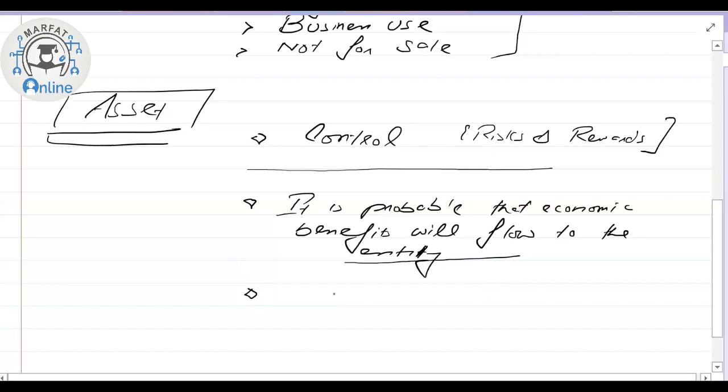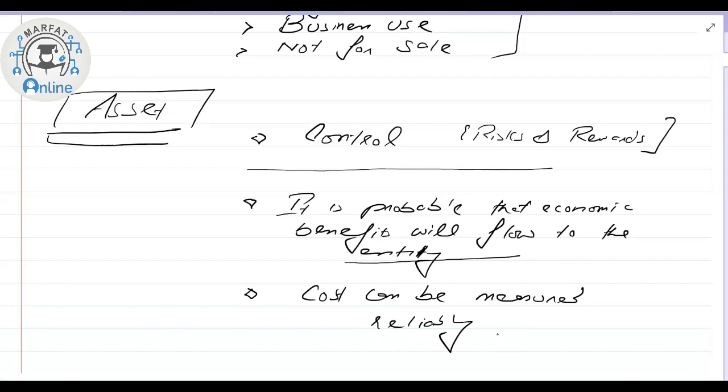And the third and main thing is cost can be measured reliably. Now this means that you can assign the value to the asset, because obviously the asset should be recorded in the statement of financial position. In the statement of financial position, you have the monetary values.